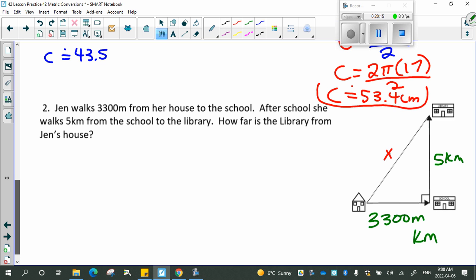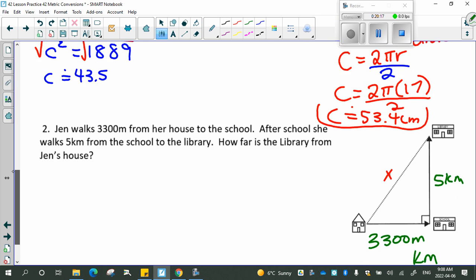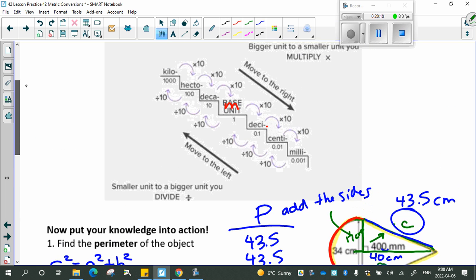Okay? So if I look at my list here, I want to go from meters, 1 step, 2 step, 3 steps, up to kilometers. So either I think of moving my decimal 3 places to the left, or dividing by 10 3 times. Okay, those are my options. Moving the decimal seems like the easier option, 3 places to the left.